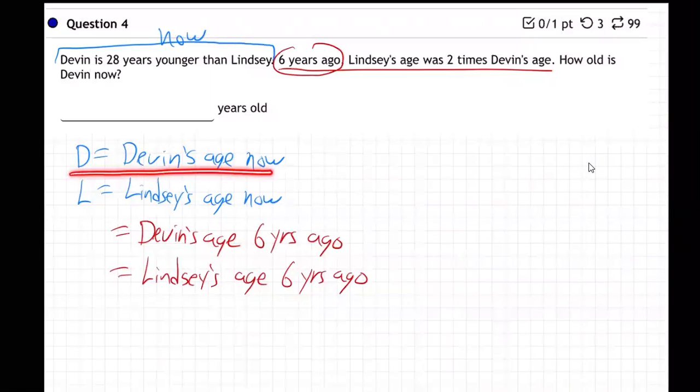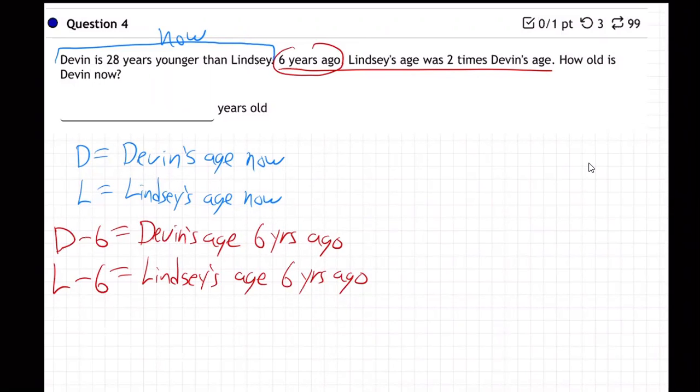So D is Devin's age now. Then 6 years ago, it's going to be D minus 6, huh? Right? 6 years ago, he was 6 years younger. And this is going to be L minus 6, isn't it? We good there? Making sense?